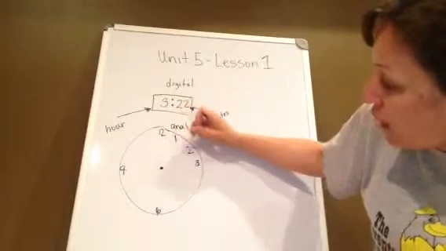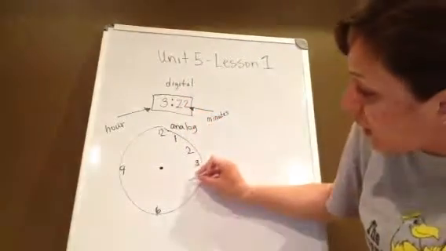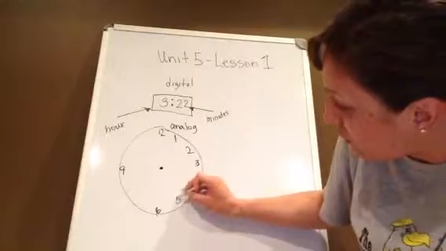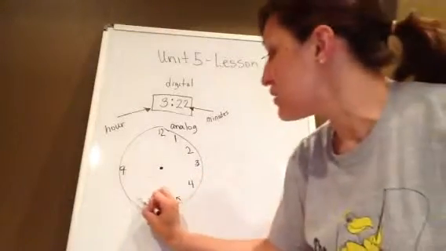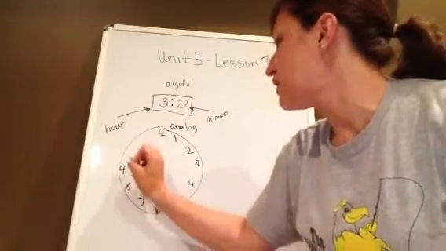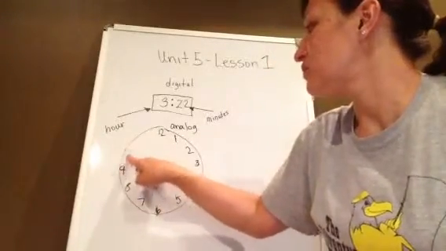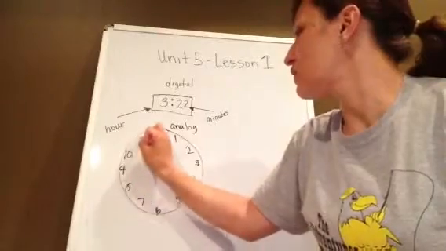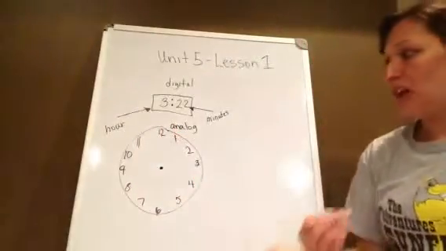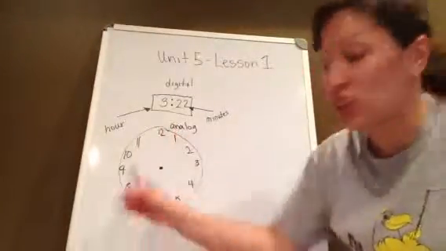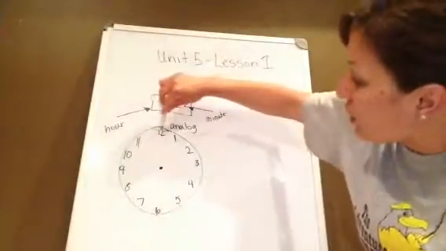They start at 1, 2, 3, 4, 5, 6, 7, 8, 9, 10, 11, 12, okay? Now I've got all the digits on my clock.